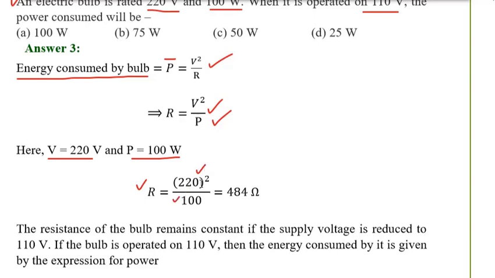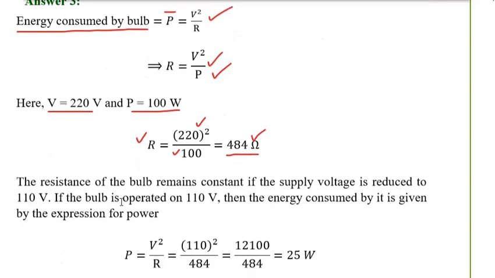So 220 into 220 by 100, then we cancel out 0, then we get the square of 22. The square of 22 is 484 and the unit of resistance is ohm. The resistance of the bulb remains constant if the supply voltage is reduced to 110 volt.